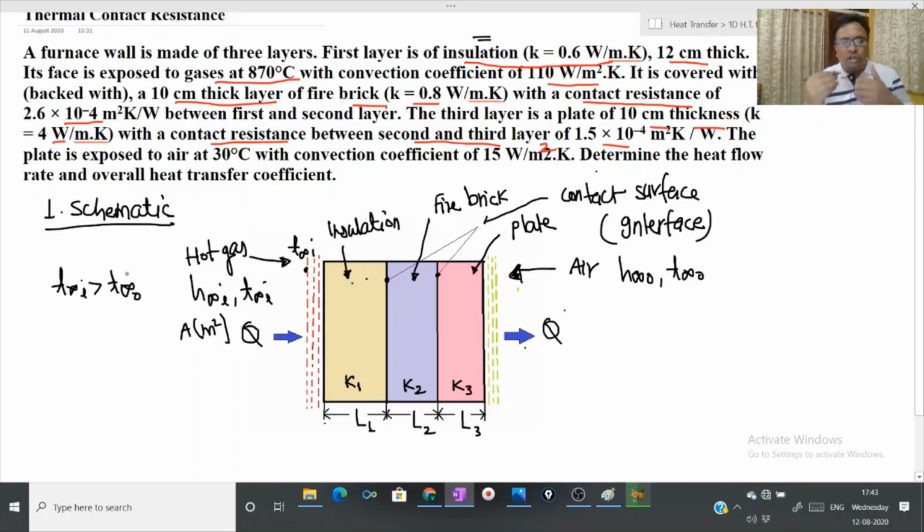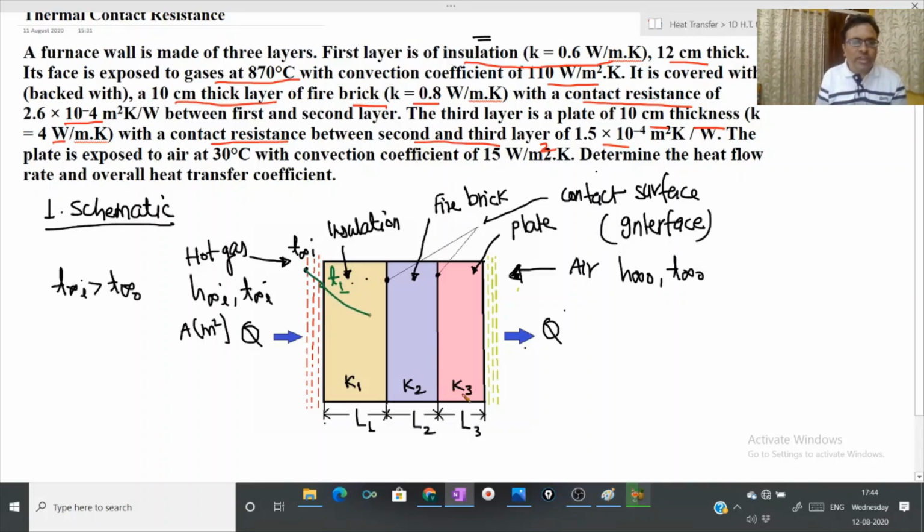So temperature drop takes place across these different layers. By virtue of the convective thermal resistance offered by the hot gas, temperature will fall from T infinity i to, let's say, the temperature T1 of the left face of the insulating material. When heat is flowing through the insulating material, it will also offer conductive thermal resistance.